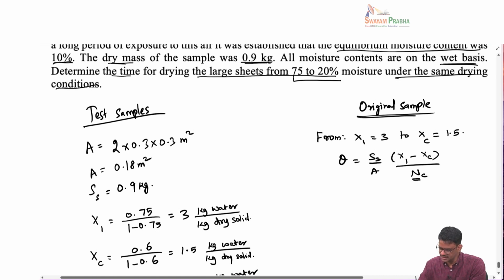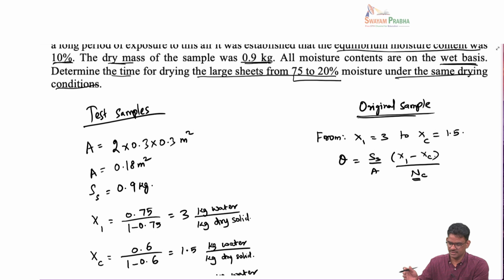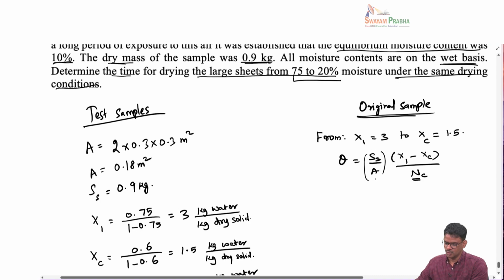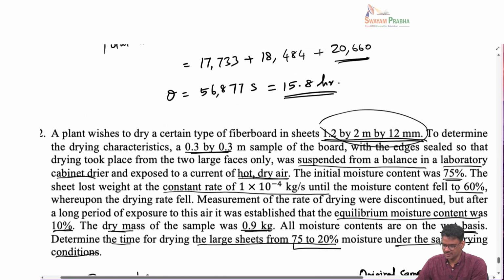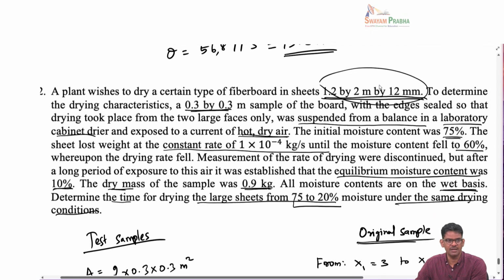This NC is obtained from the test sample. The initial moisture content x1 and the critical moisture content xc are the same for both the test sample and the original sample, by assumption. But do we know the area and the mass of the original sample? We only know the area, but we don't know the mass. So what can we do about it?